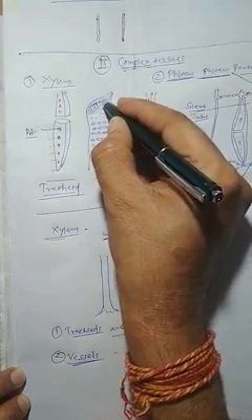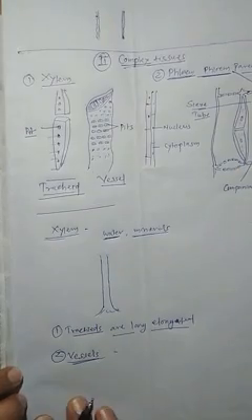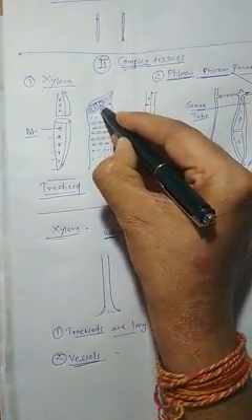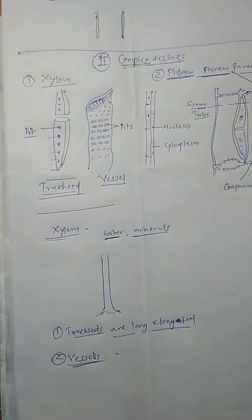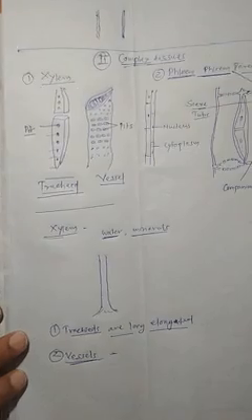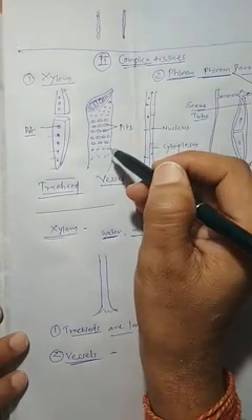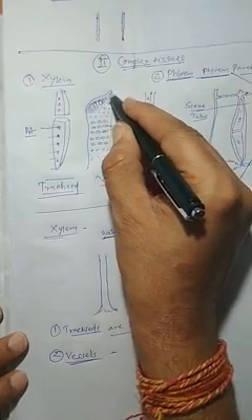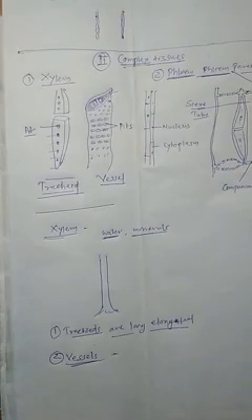You can see here, thick walled or lignified. In the lower portion, the cell wall is absent because of transportation.